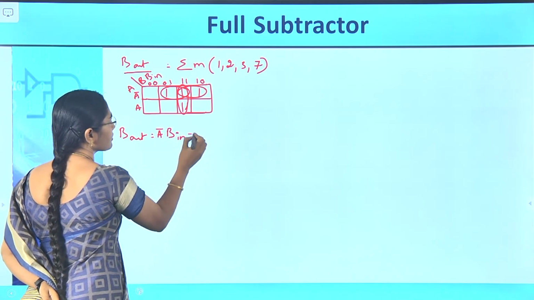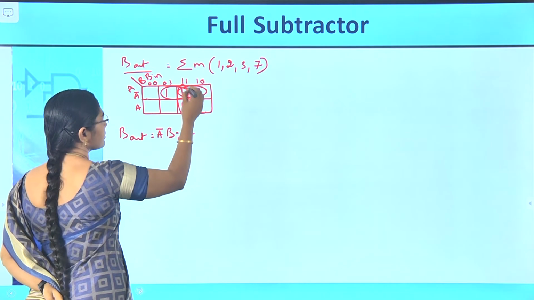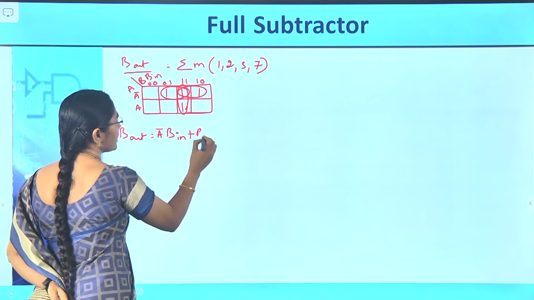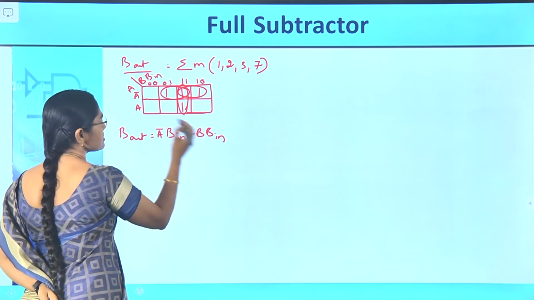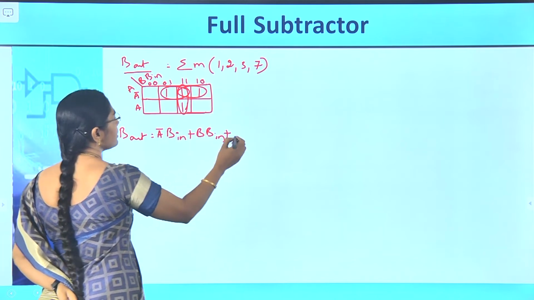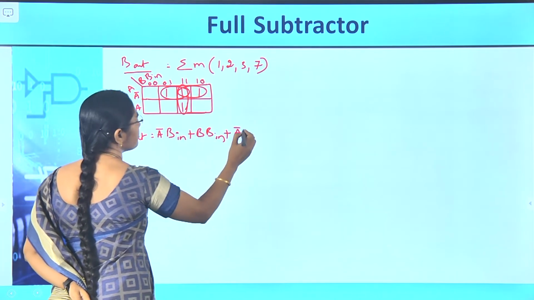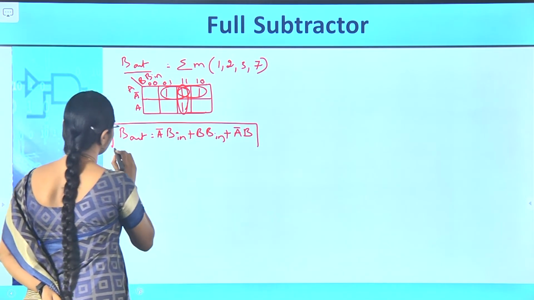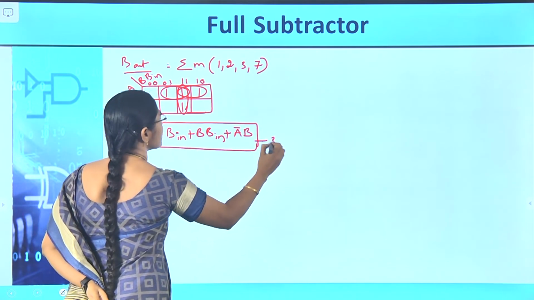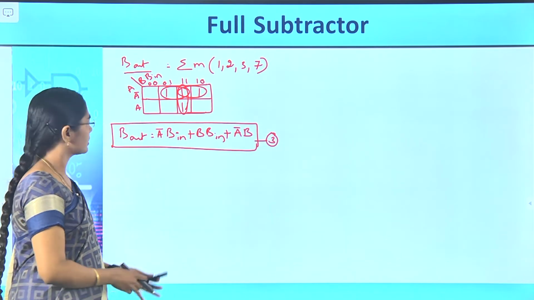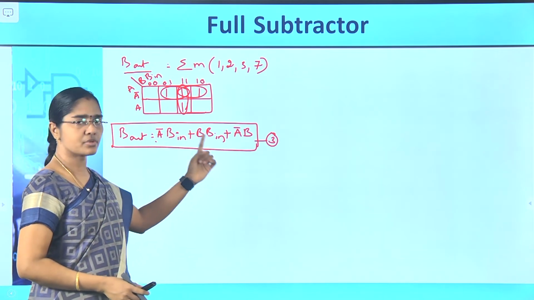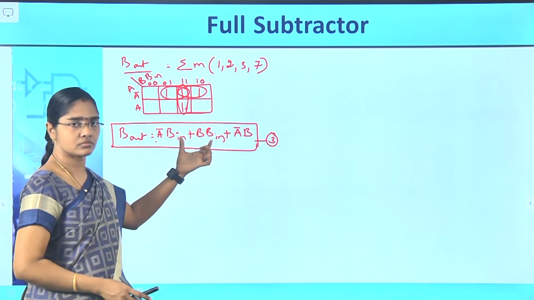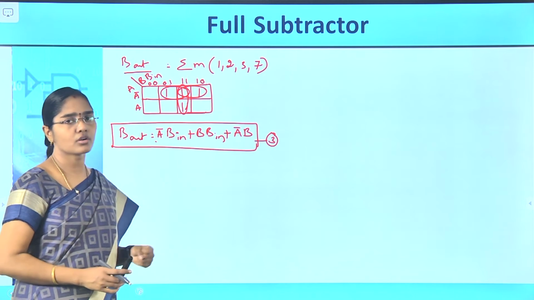A bar B in plus, in the second pair, this is the vertical pair, the common is B and B in since A is the variable, and in the third pair A bar and B. So the borrow out expression after simplification is equal to this. Let us take it as equation number 3: A bar B in plus B B in plus A bar B. Okay, this is a simple equation to remember for the borrow out.